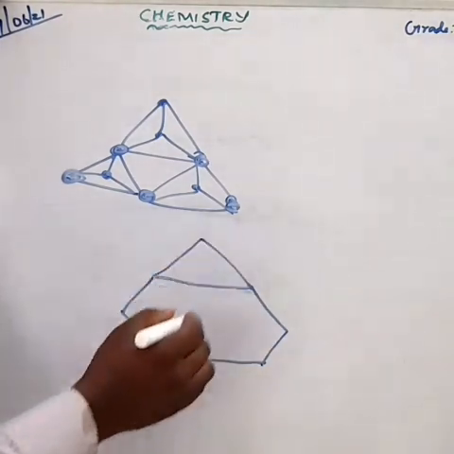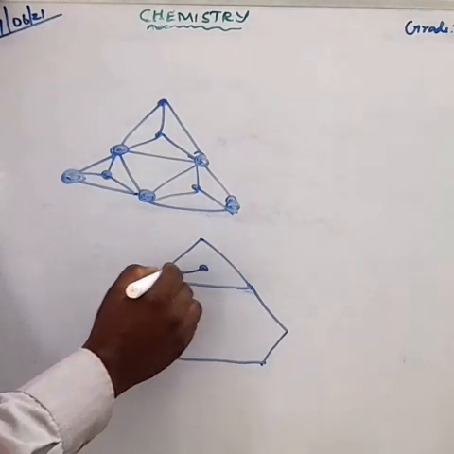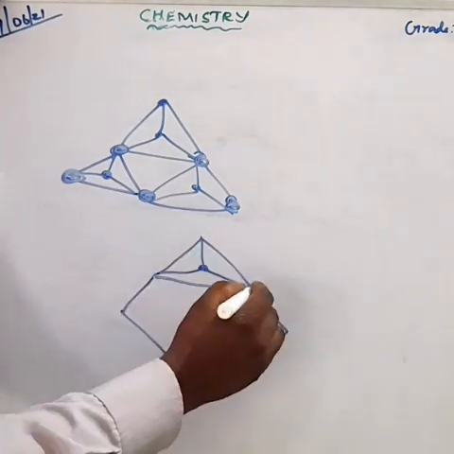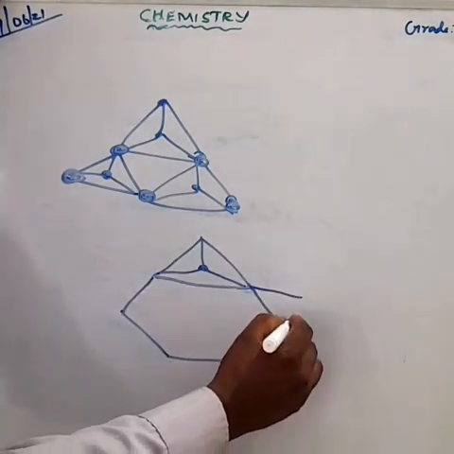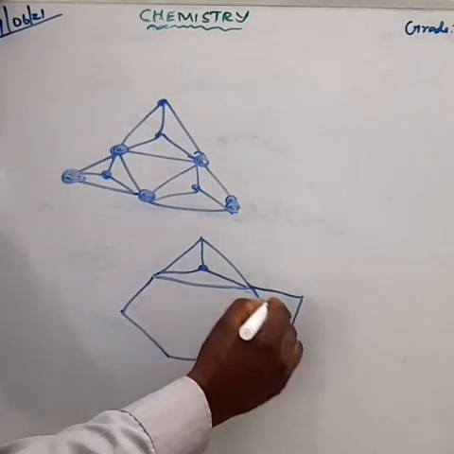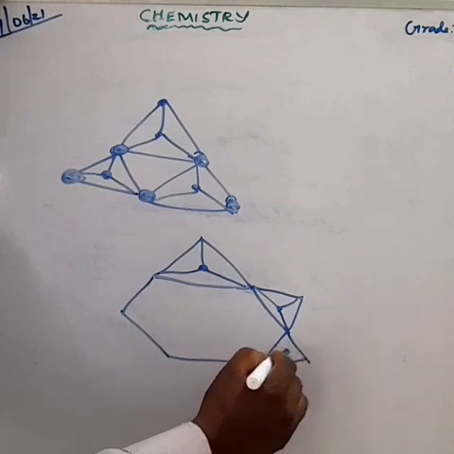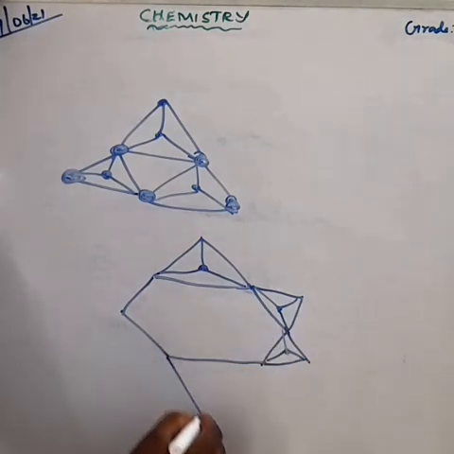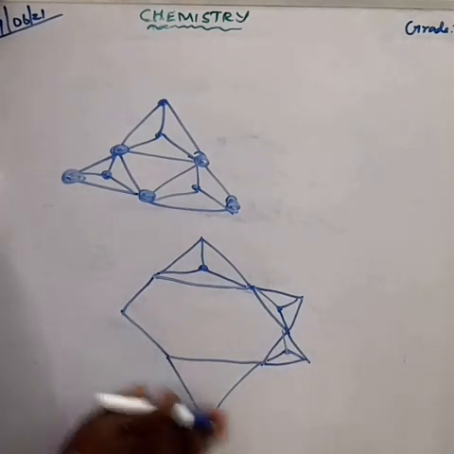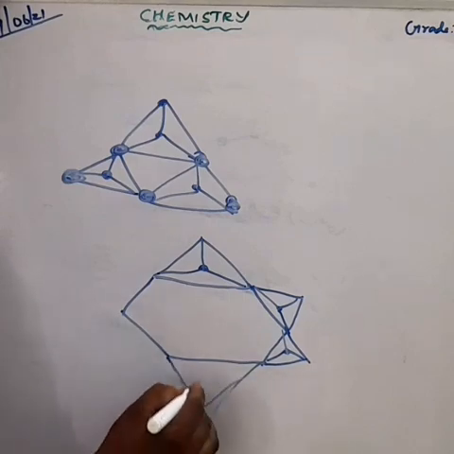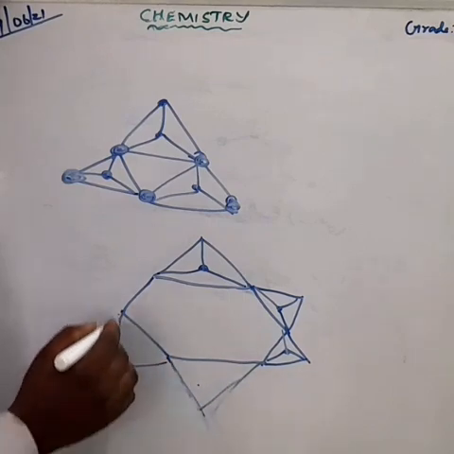Then we join one triangle shape like that, next two triangles, three triangles, four triangles, five triangles, six triangles, am I right?